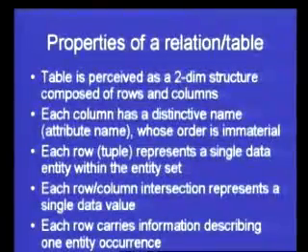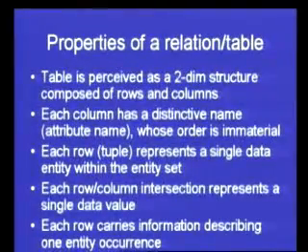Then comes each row represents a single data entity within the entity set. Let me go through the employee. The employee has some features: name, address, employee number, designation. Whenever you have a set of information of an employee, say some X, he has a name which is X itself, then a number, a designation and an address.